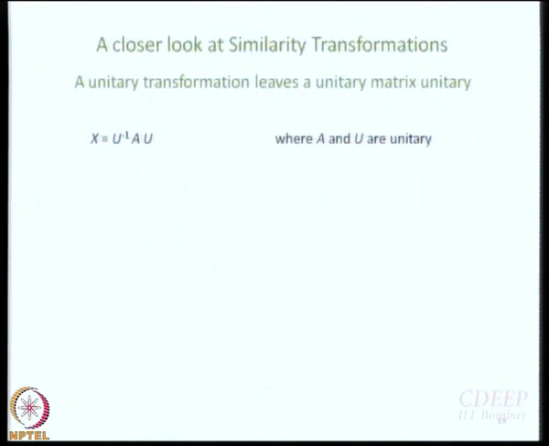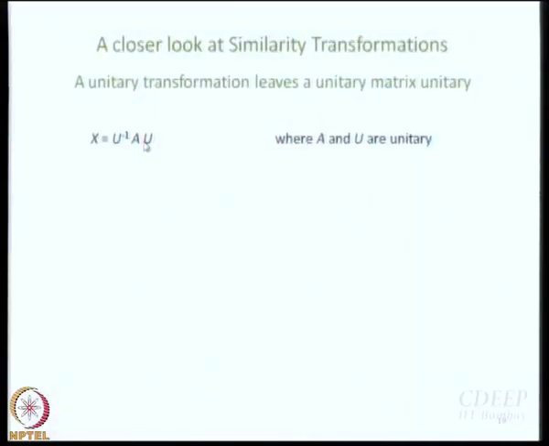What is the meaning of unitary transformation? When I say unitary transformation, what does it mean? The matrix that is being used to do the transformation, that is U, in U inverse A U, that matrix is unitary, that is all that it means.